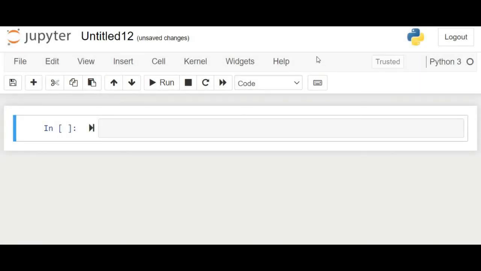Now we shall talk about linear functions, how the linear functions are working in Python.